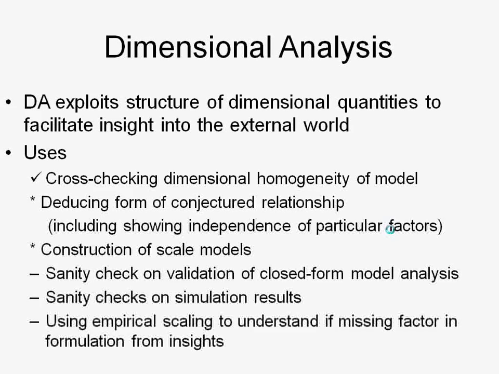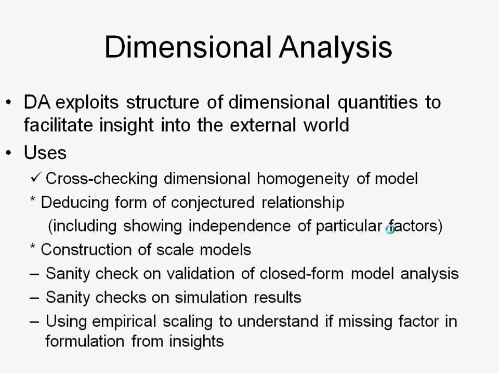You have a complex formula involving square roots and squares. It needs to evaluate to the correct dimension. If it doesn't, you've made a mistake. That's really handy. It'll just point out, yep, you made a mistake. I don't care what it is numerically, it can't be, because the dimensions are wrong.